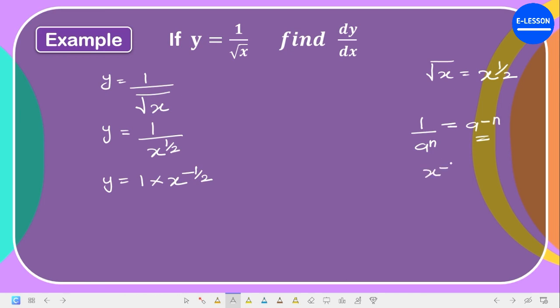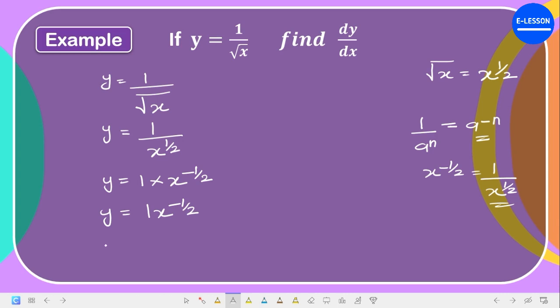Because x raised to the power of minus half, this negative here means 1 over x raised to the power of half, and that is what we have here. So our y would be equal to, we have an invisible 1 here, this is 1, x raised to the power of what? Minus half.